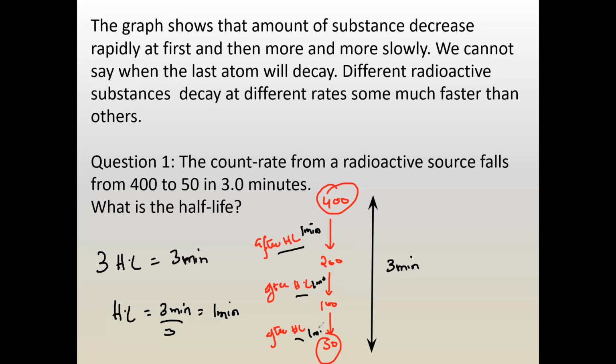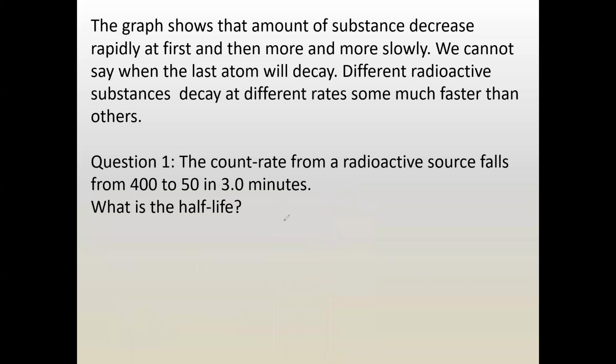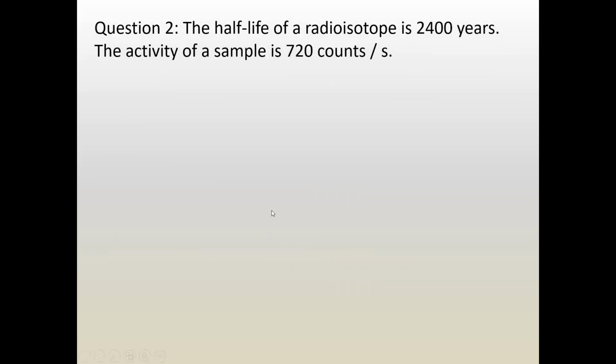Actually, it is 3 half-lives because 3 times it becomes half to reach 50. The duration for 3 half-lives is 3 minutes. That's why each half-life equals 1 minute. As you can see here in this solution, the final answer is 1 minute, with the working as I already discussed.